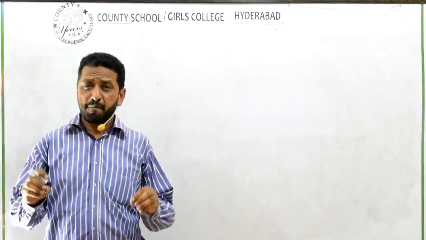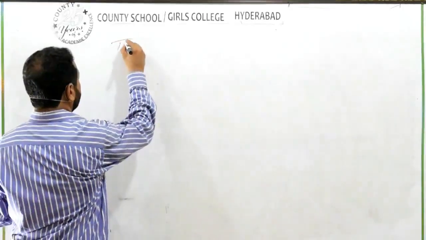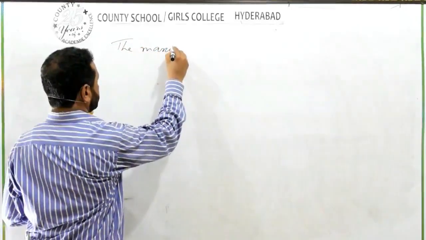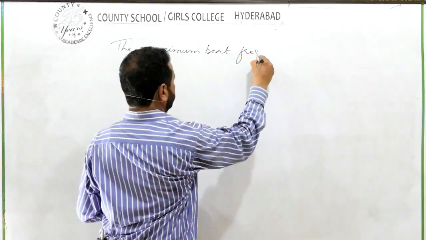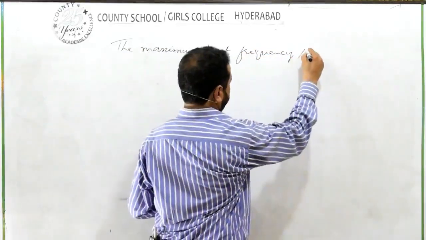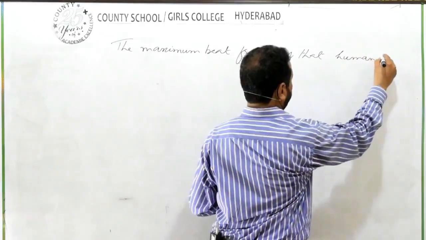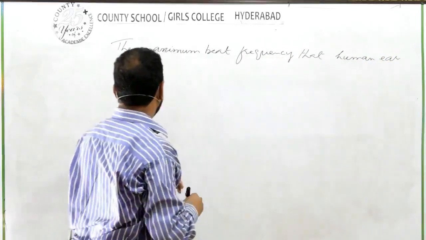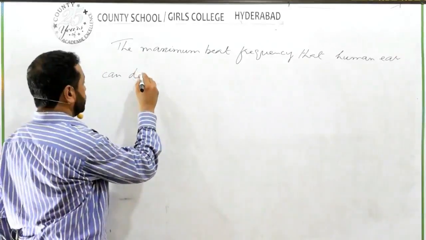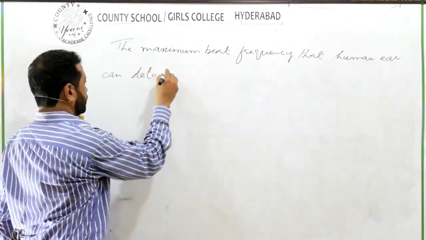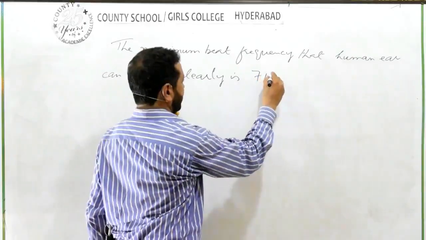The maximum beat frequency that the human ear can detect clearly is about 7 hertz.